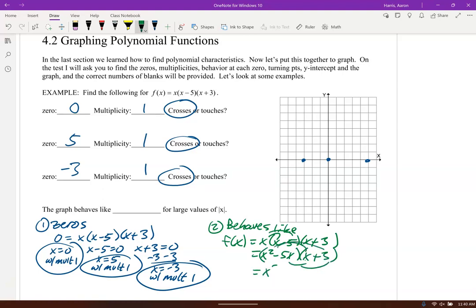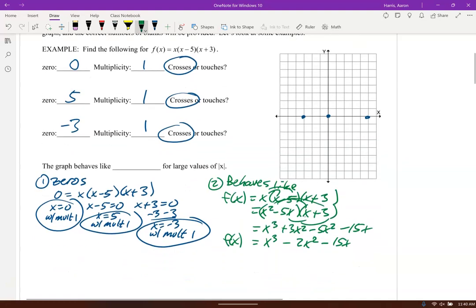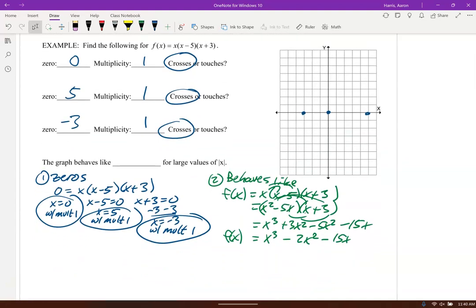And we get x to the third plus 3x squared minus 5x squared minus 15x, combined like terms. And all we care about when we're dealing with end behavior is that first term. That's called our power function right there, that x cubed, right? So this thing behaves like y equals x cubed for large values of x.